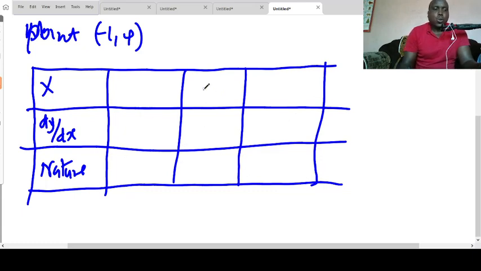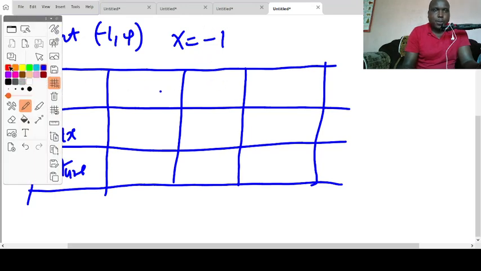Then make sure you have three columns like this, right? So we have the value of x here. We are considering x is equal to -1. So we put that value at the center of these three columns: 1, 2, 3.